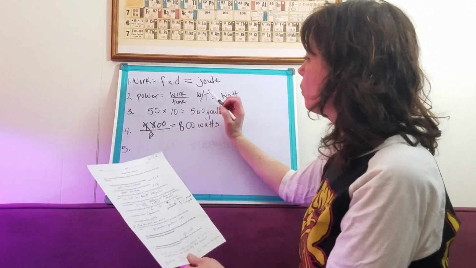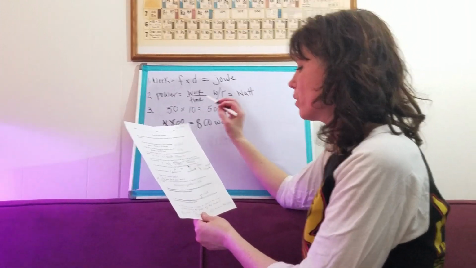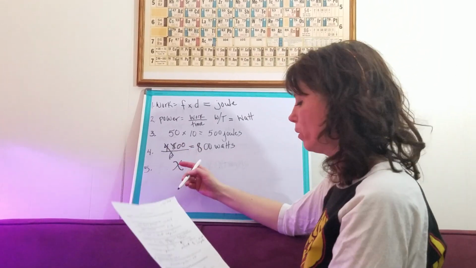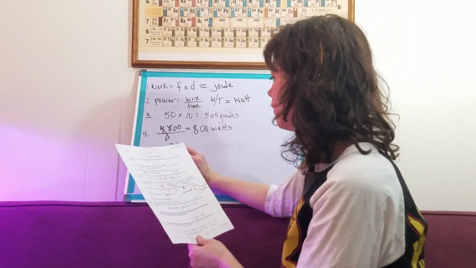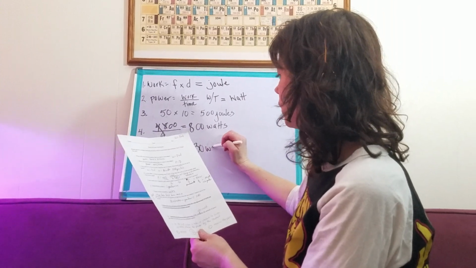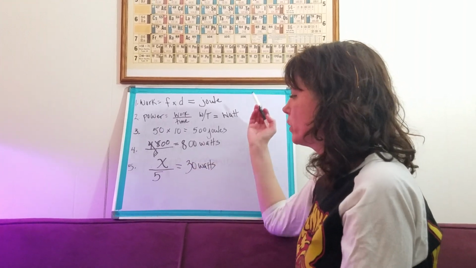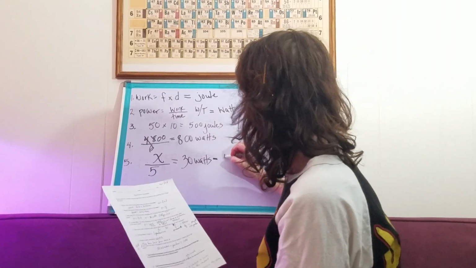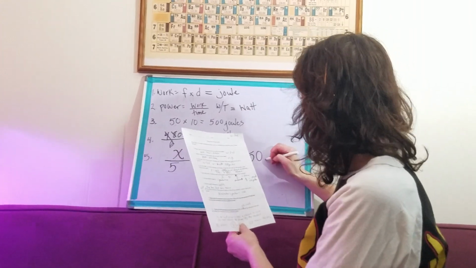We want to find work, so we want to find the joules. So some amount of work, we don't know what, in 5 seconds is going to equal 30 watts. Now I just have to think, what divided by 5 is going to give me 30? And the answer to that is 150. I told you you wouldn't need a calculator, you could all do this in your head. Joules is the unit.